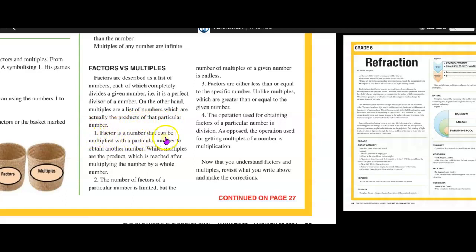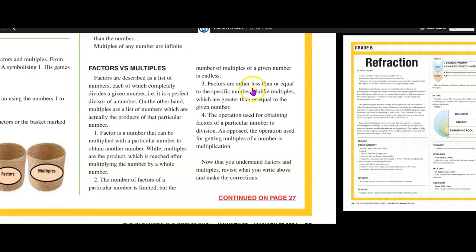A factor is a number that can be multiplied with a particular number to obtain another number, while multiples are the product which is reached after multiplying a number by a whole number. 2. The number of factors of a particular number is limited, but the number of multiples of a given number is endless.